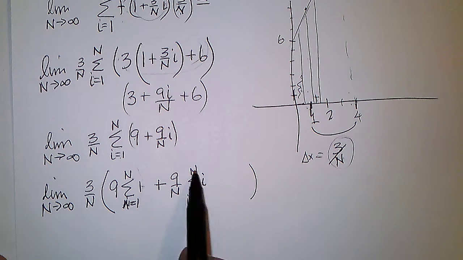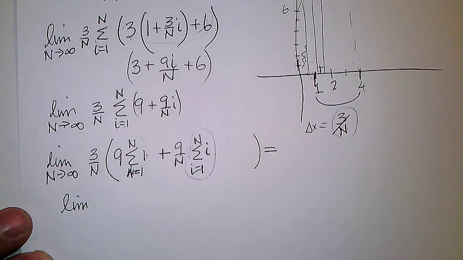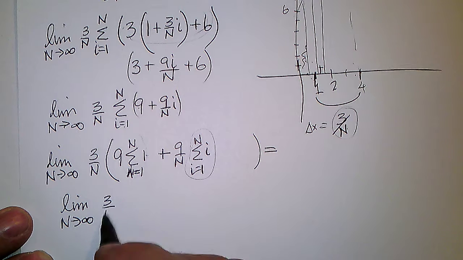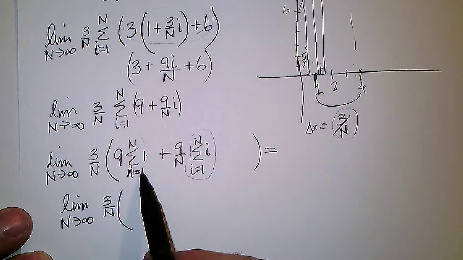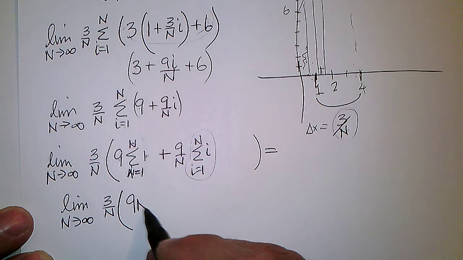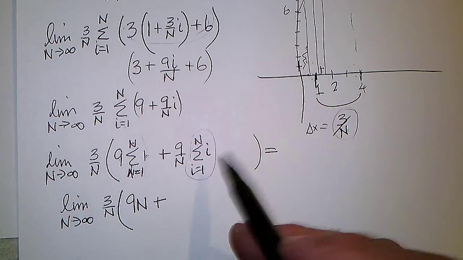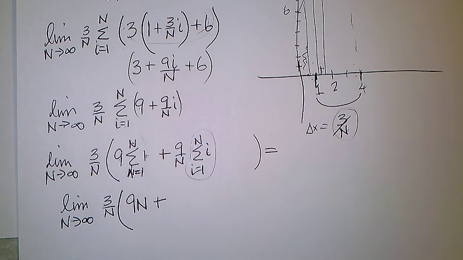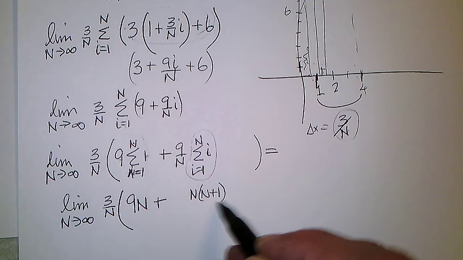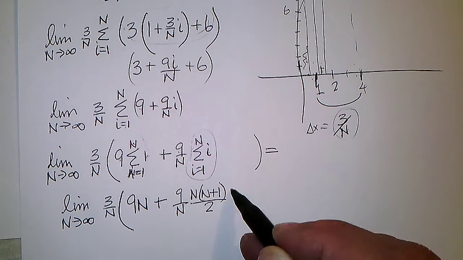And we have a formula for this. So we get the limit as n goes to infinity of 3 over n, 1 to n ones, that's n number of ones, which is n times 9, so that's 9n, plus the sum of i, as i goes from 1 to n, which is n times (n plus 1) over 2, and that's times 9 over n.